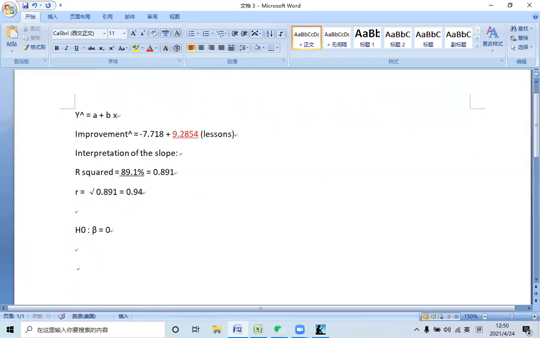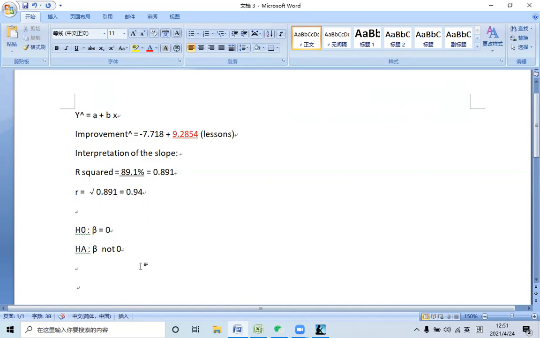Beta is 0. And the alternative hypothesis is beta is not equal to 0.